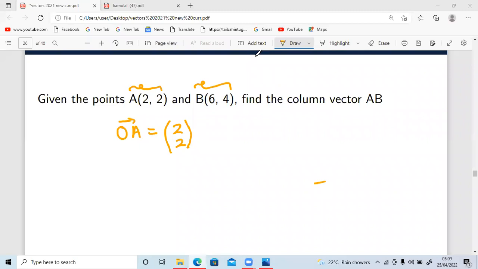Blessing, Beyond, Alena, Lona, Lina. Good. This is beautiful. So the answer you're getting, can everyone confirm whether you are getting your column vector? When they tell you column, you must write it in a column way. So your answer is 4, 2. Is everyone coming up with that?